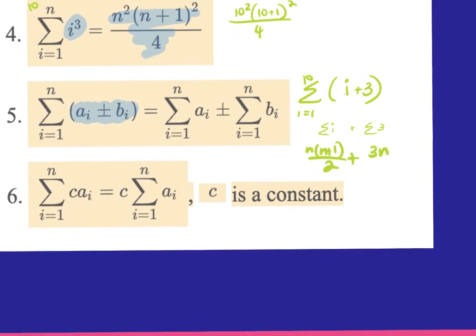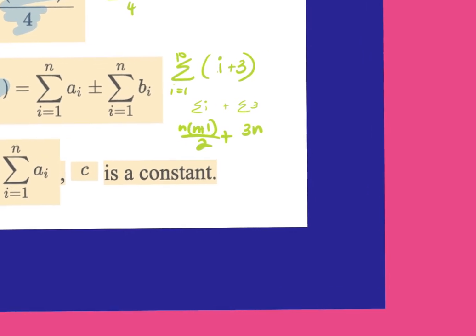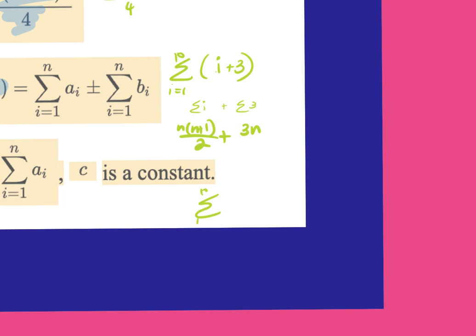And then the last one is if there is a scalar multiple on it. If there's a number being multiplied by the term that has the variable, you can actually put that number on the front of your summation, perform whatever the summation is, and then multiply it times the number at the front. So that would be something that looks like this, 10, i equals 1, and say 2i was here.